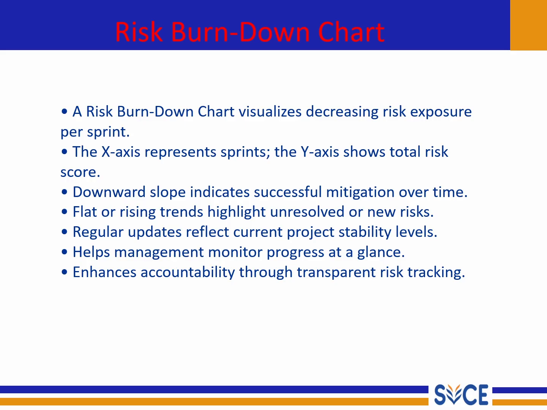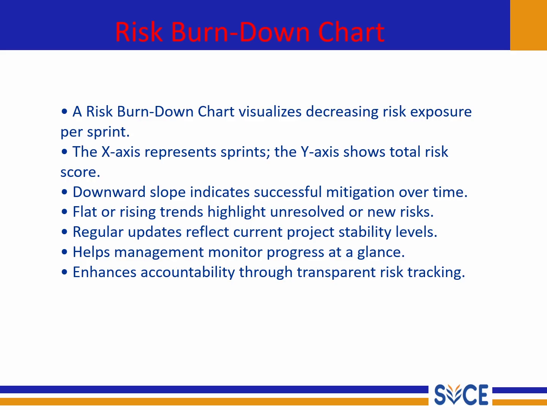A risk burn down chart visualizes the decreasing risk exposure per sprint. The x-axis represents sprints, the y-axis shows the total risk score. A downward slope indicates successful mitigation over time.